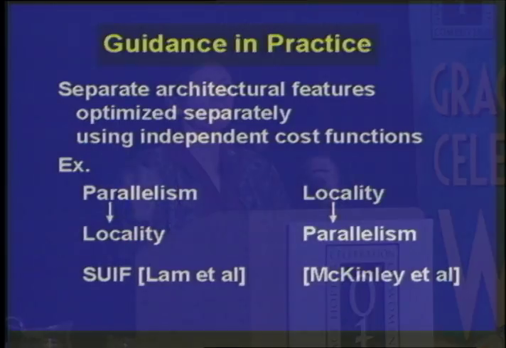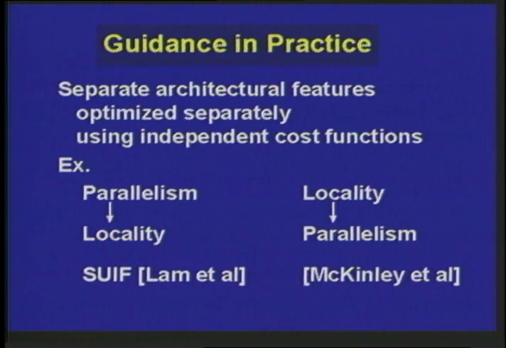And so when we start getting into this area, there's a question of how do we order these. Two examples where people have made opposite choices: in the SUIF compiler that was developed by Monica Lam and her students, they took the architectural feature of parallelism, in particular multiprocessor parallelism, and said, let's do that first, and then work on locality. And those two were done separately.